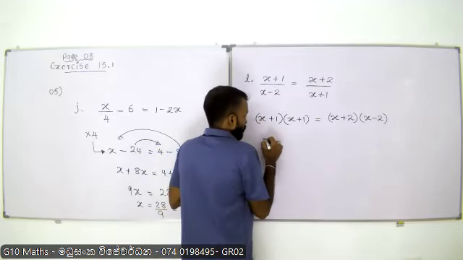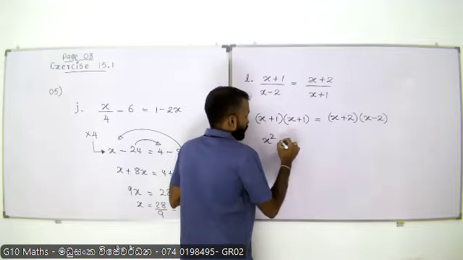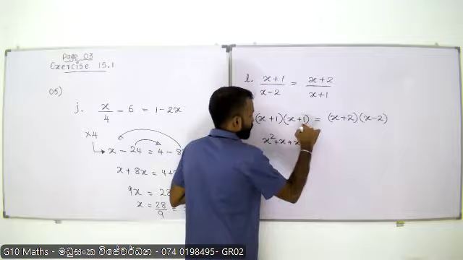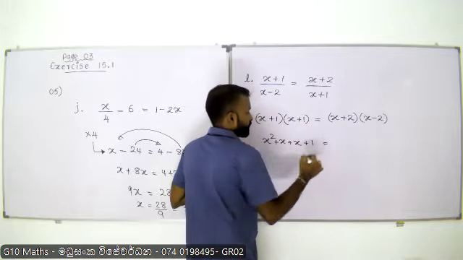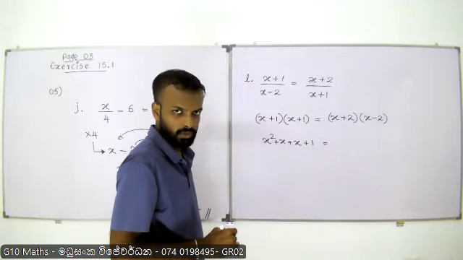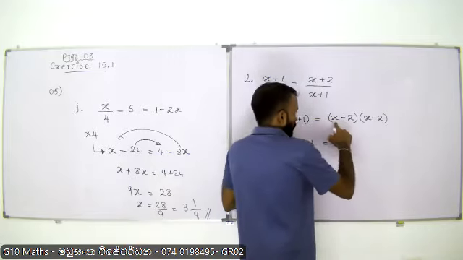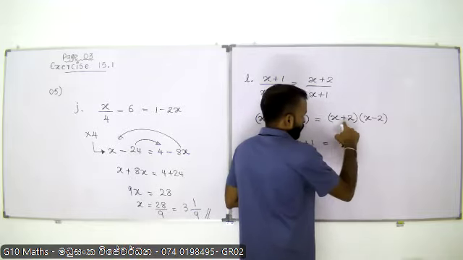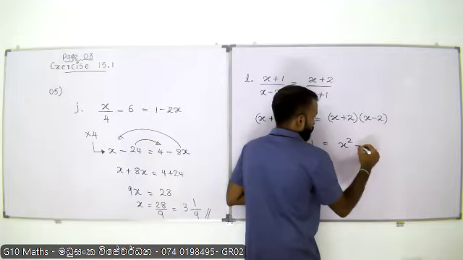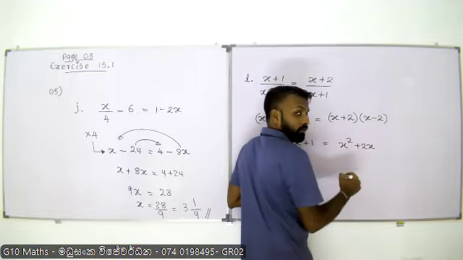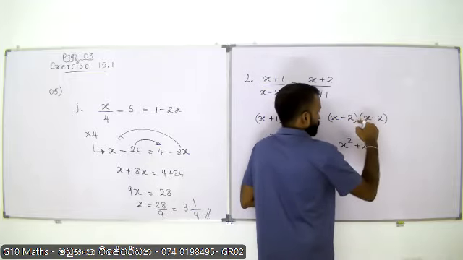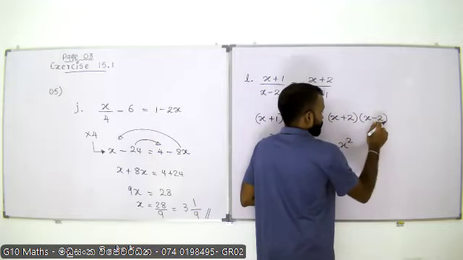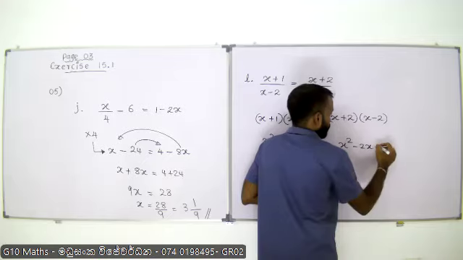So x into x, x squared, plus x, plus x, positive 1. Here, positive, x into x, x squared, plus 2x, minus 2x, minus 4.